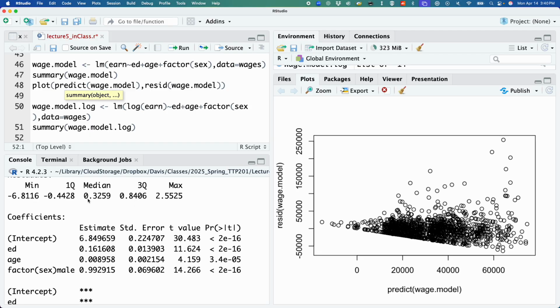And so remember the way that we interpret this. For every year of education that you receive, we would expect your income to increase by 16%, right? Now we're talking about the log-level thing. For every year in age, your income would be about 1% higher.